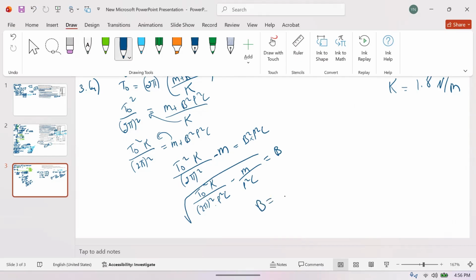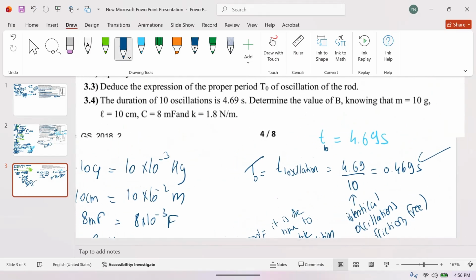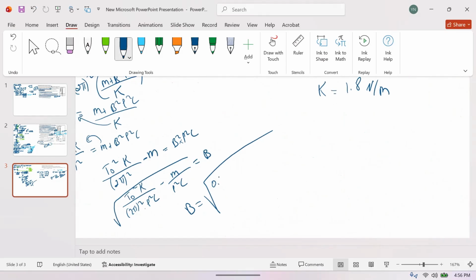You will be getting B equals radical. T0 is 0.469 seconds, which I got in this question when I was analyzing it. So 0.469 squared. K is 1.8 over 2 pi squared.